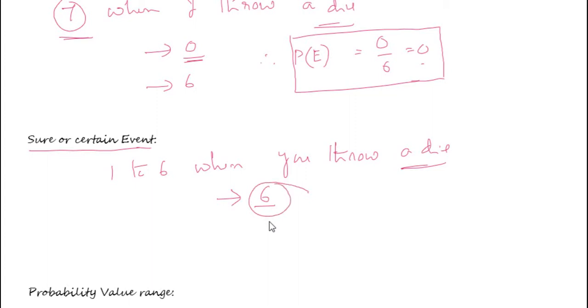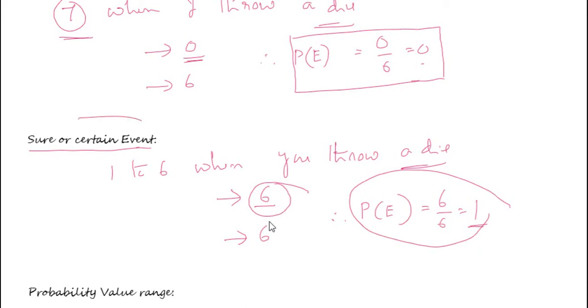Total favorable outcomes is 6. Total possible outcomes is also 6. Therefore, the probability of getting a number 1 to 6 when you throw a die is 6 by 6, that is 1. So when the probability is 1, such an event is known as a sure or certain event.